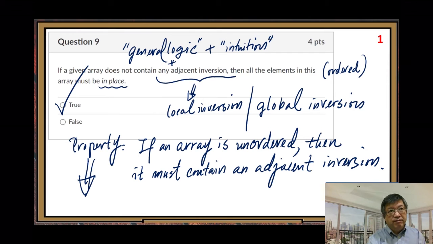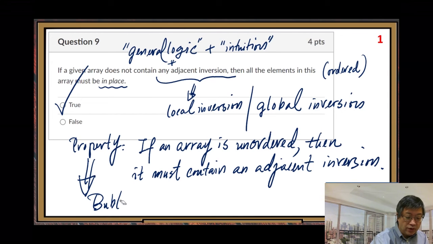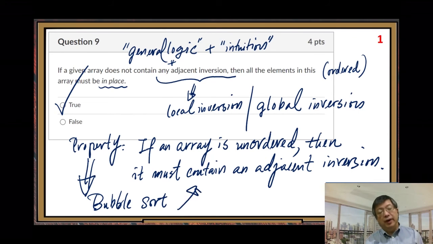This property is the foundation of bubble sort. Why is bubble sort correct? Because of this property, adjacent inversion.